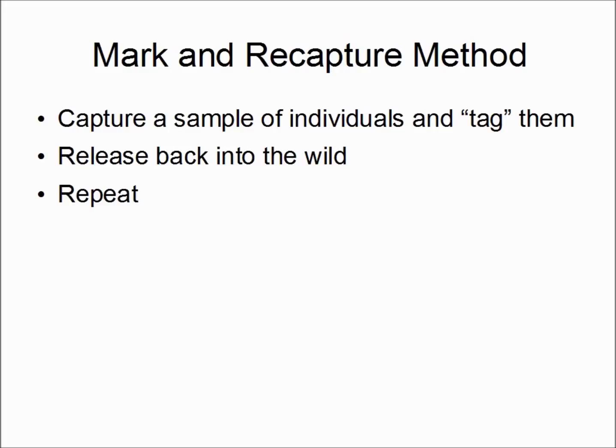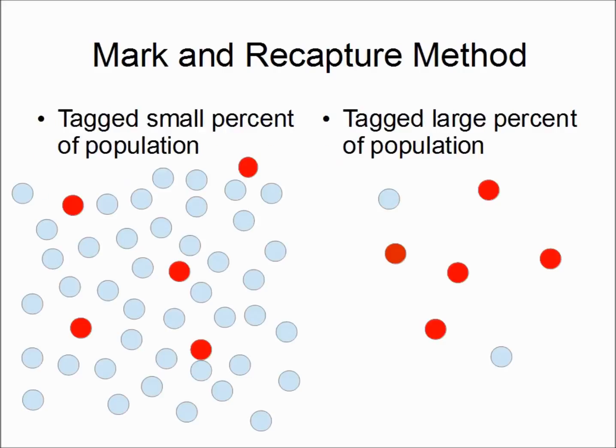Then you release it back into the wild, and you repeat the process, and the second process yields some interesting information. Now, since we are capturing the same species, and it's in the same area from the same population, it's possible to capture the same animal twice. And you'll know if you did this because when you capture it the second time, it will already be tagged.